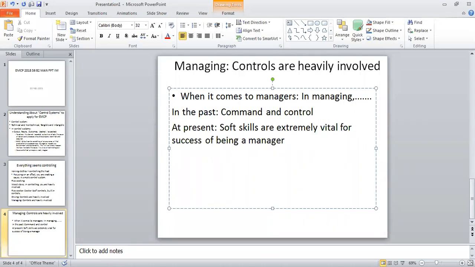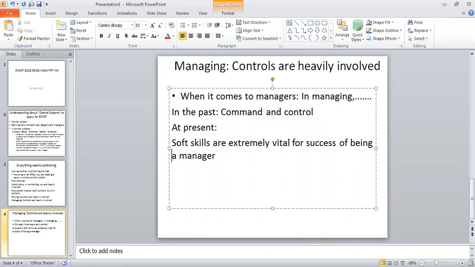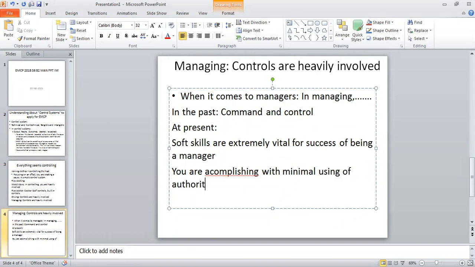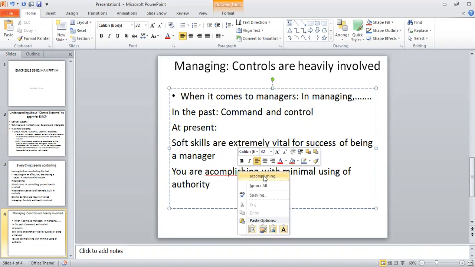That's why, in short, you are accomplishing with minimal use of authority. This is the Western world managing style.